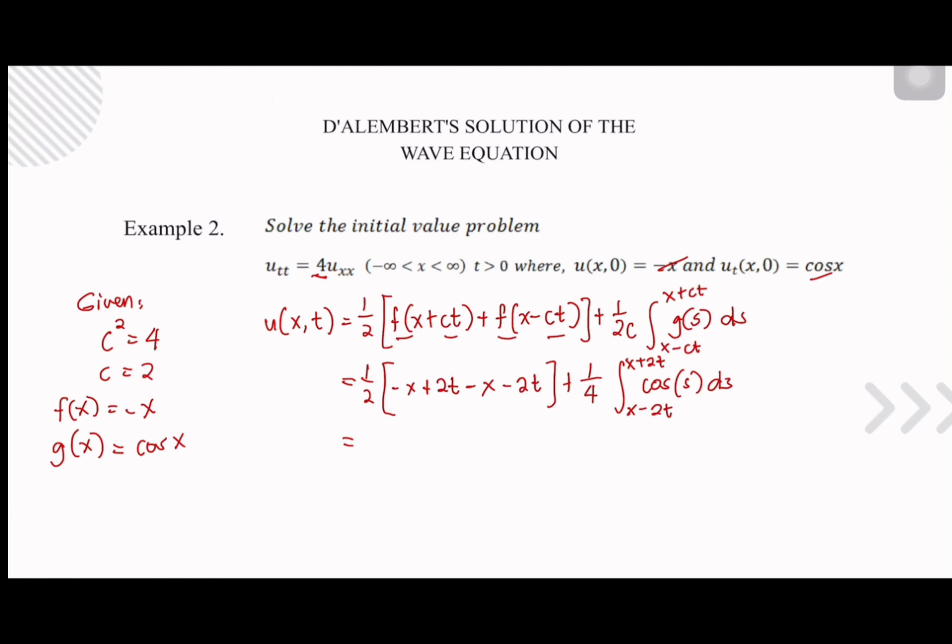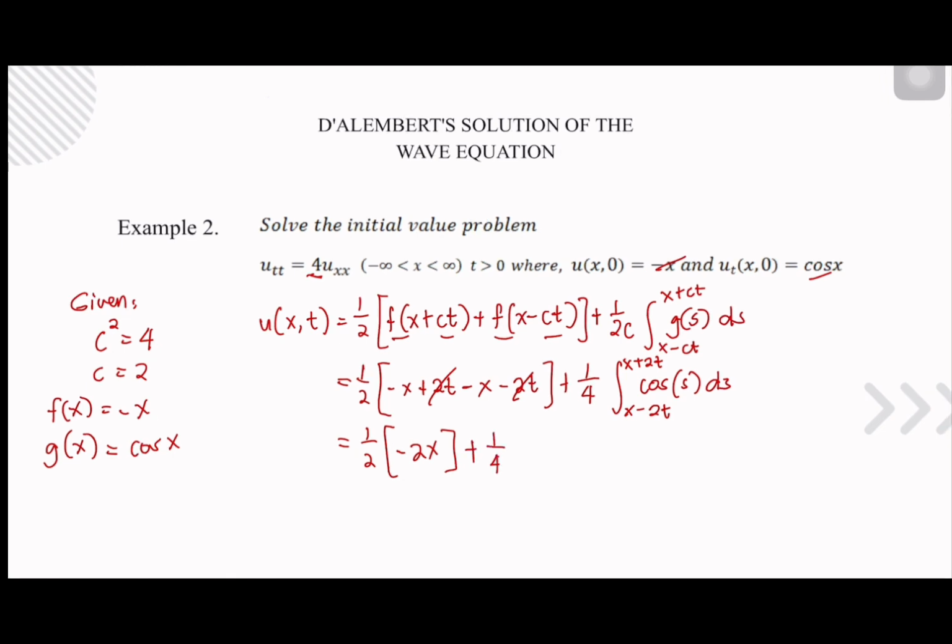To simplify the equation, 1 half of 2t will be cancelled, so we will be left with negative 2x plus 1/4.